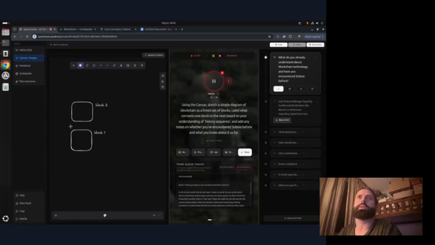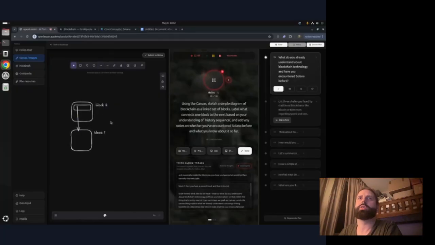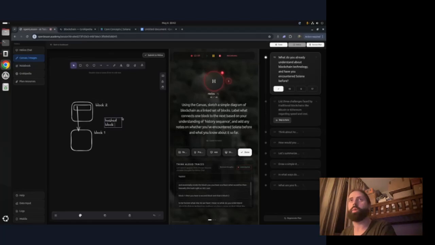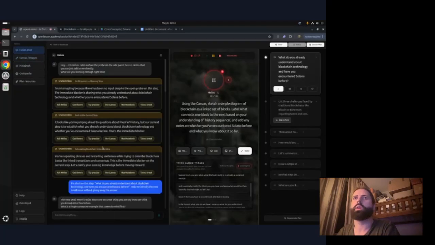Inside the block, you have the hash, right? So let's say the hash of block 1, and what the hash really is, is a serialized version of these.